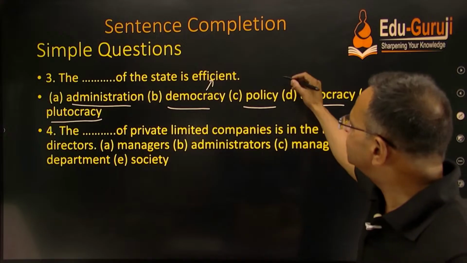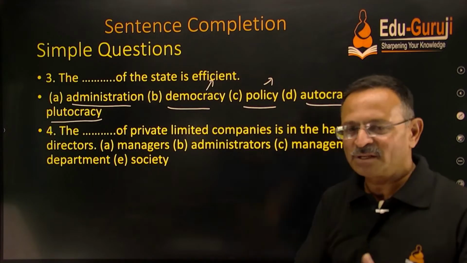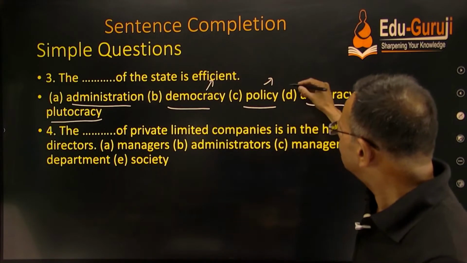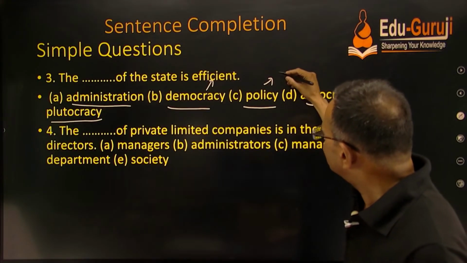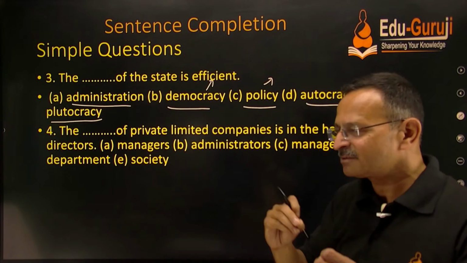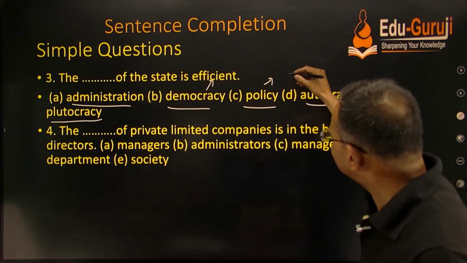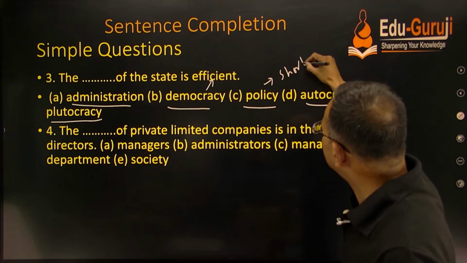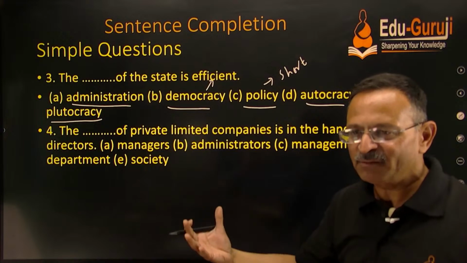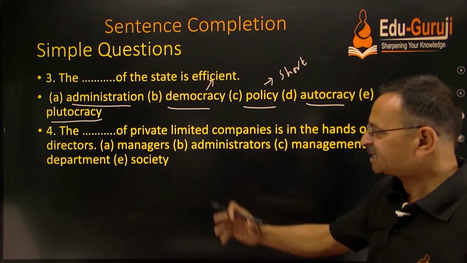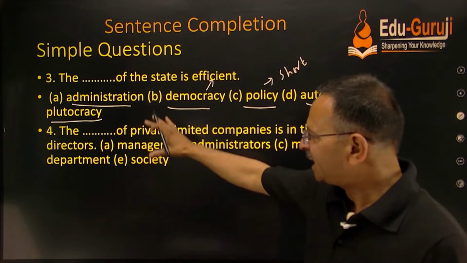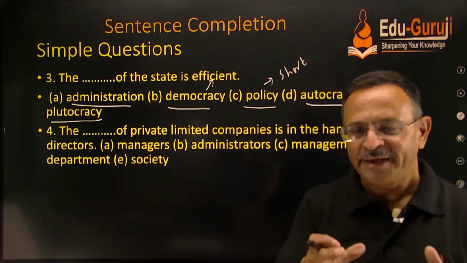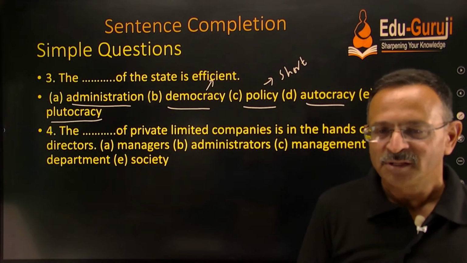The policy is something which is for a short term. It doesn't have a very wide scope as compared to the administration. So administration, basically, is the execution and management of the part.